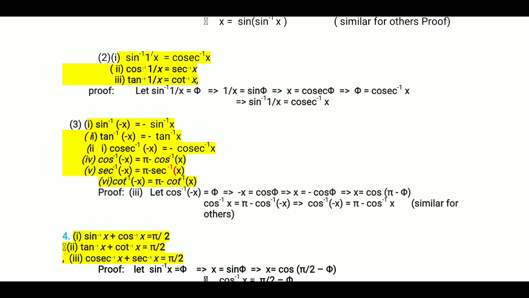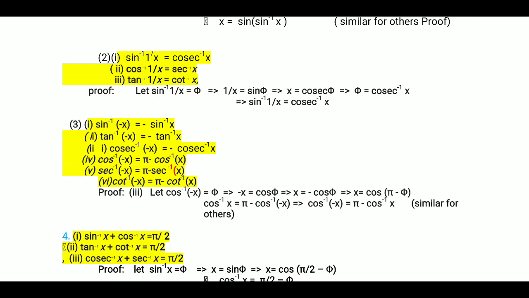Now I am taking the fourth part, that is, cos inverse (minus x) is equal to pi minus cos inverse x. Let cos inverse (minus x) be equal to phi. Then, according to the definition, minus x is equal to cos phi. This implies x is equal to minus cos phi.